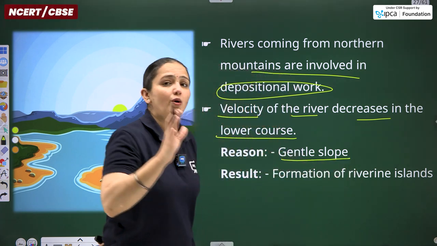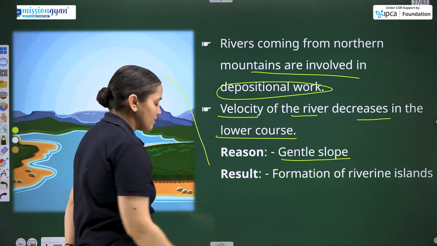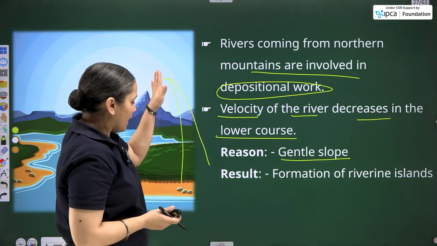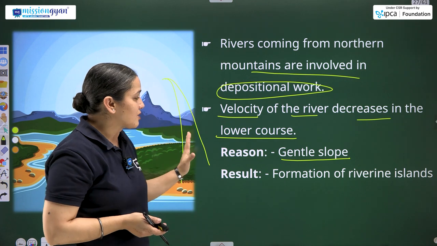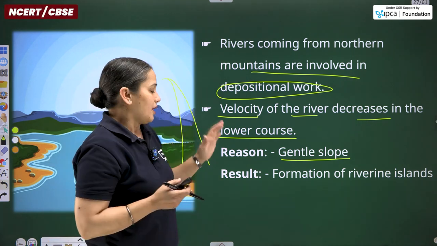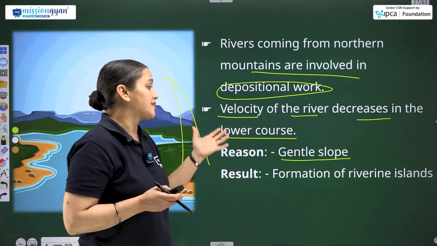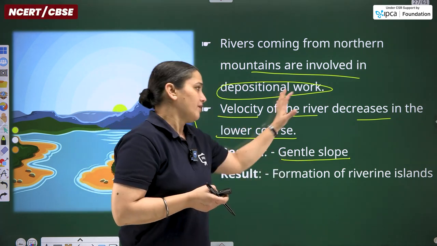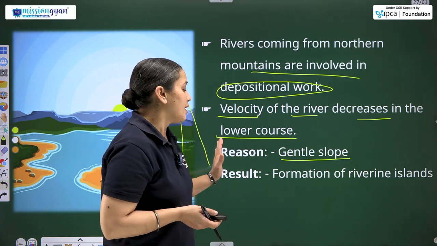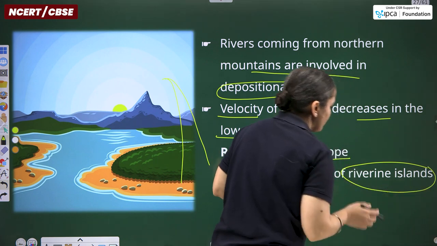In the mountainous region there are gentle slopes and steep slopes. Until the rivers are moving on steep slopes, the speed of the water will be quite high, and as they enter the lower course, as the slopes become gentle, the velocity of water decreases, and the result is the formation of a riverine island.